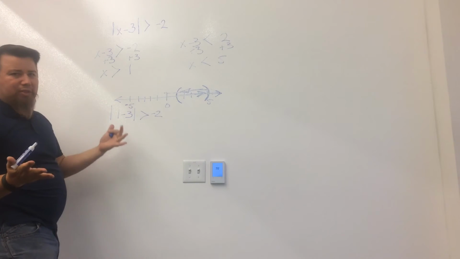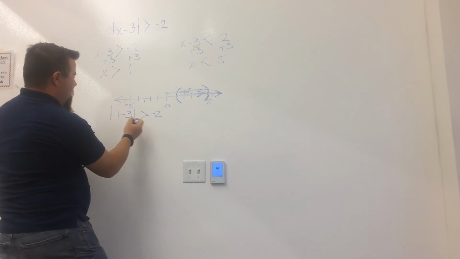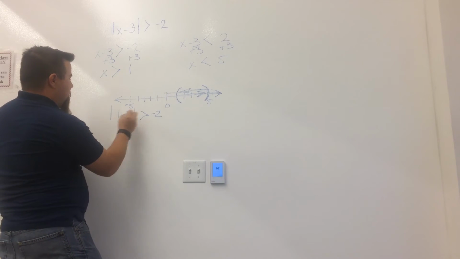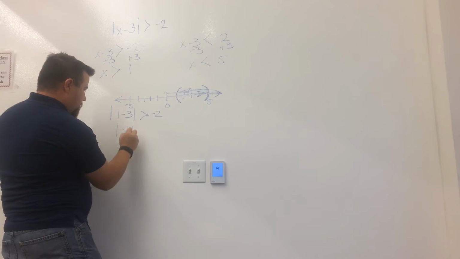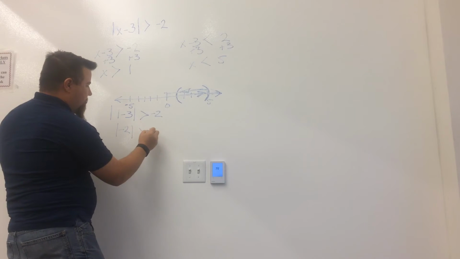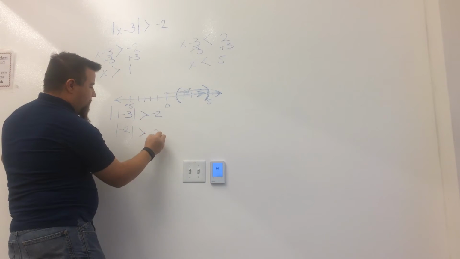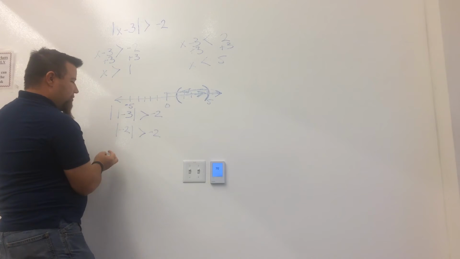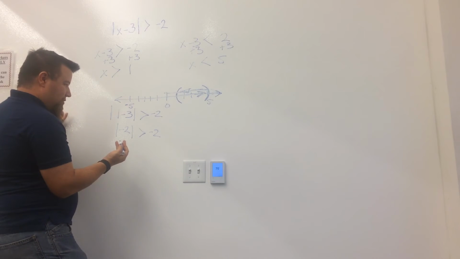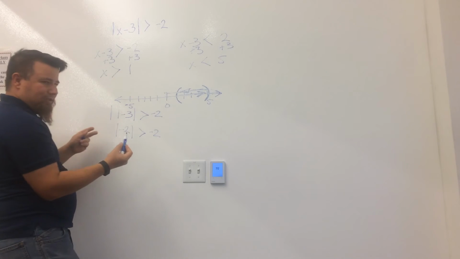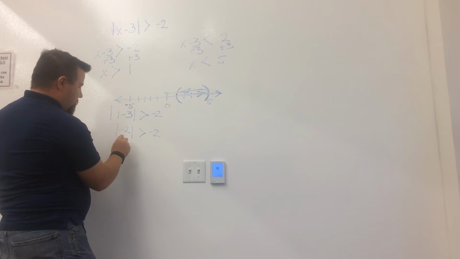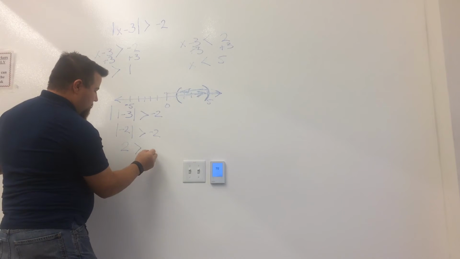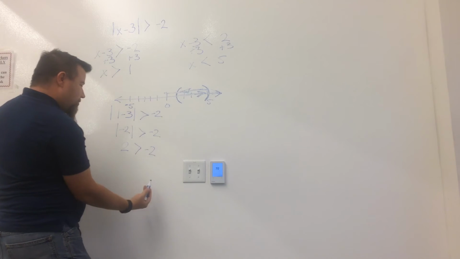Maybe you don't like pictures or something. I don't know. Everybody learns different. Okay, so then we got 1 minus 3, and that equals negative 2. Absolute value of negative 2 greater than negative 2. The absolute value means that we turn it to the positive because it's 2 away from 0, right? So then we got 2 is greater than negative 2, so that's correct.